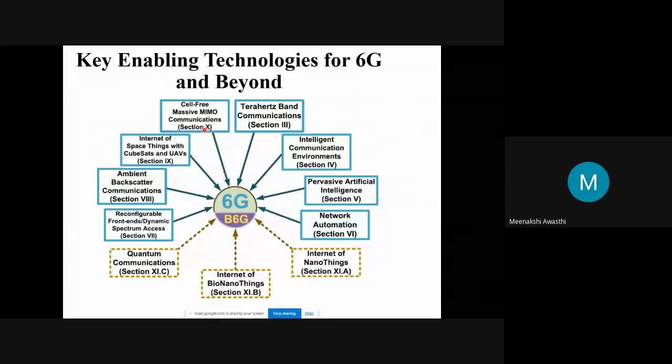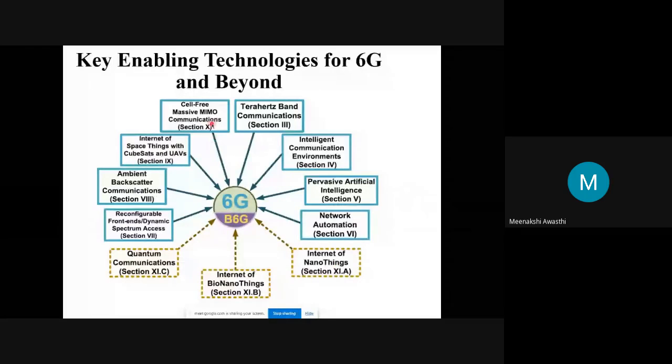The solid lines show the technologies related to 6G, and the dotted lines show beyond 6G technology. These are not expected to be part of 6G, but maybe later on, in higher versions of 6G, we can expect these technologies too.